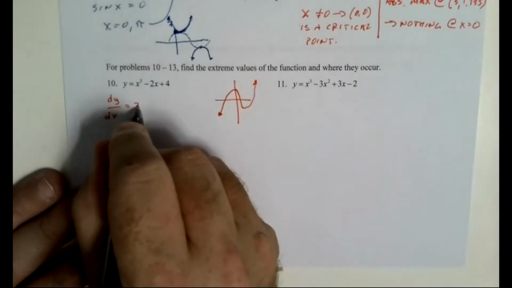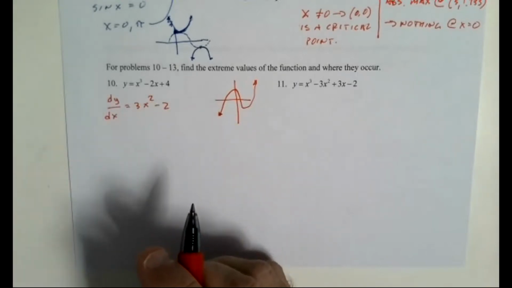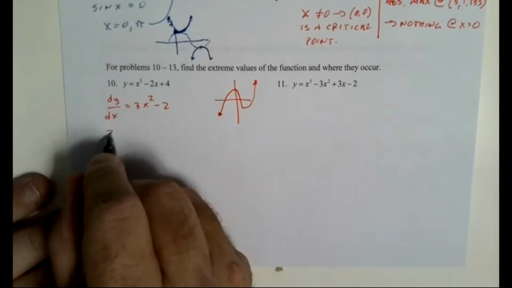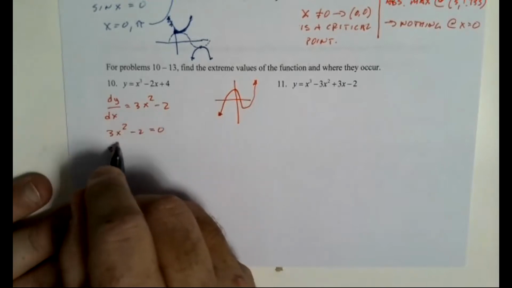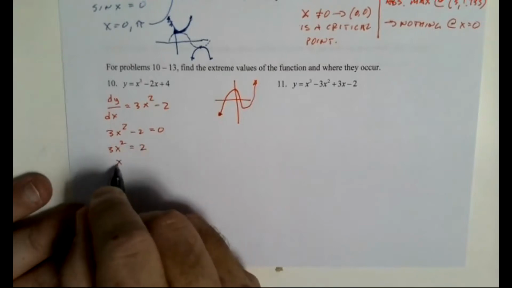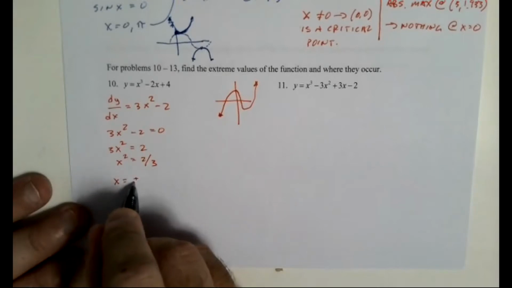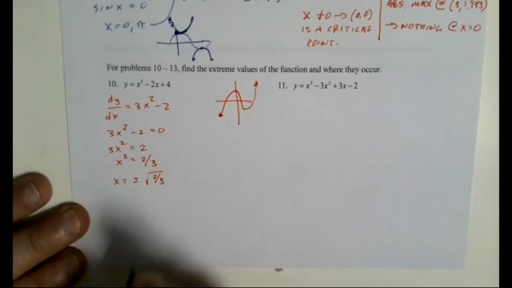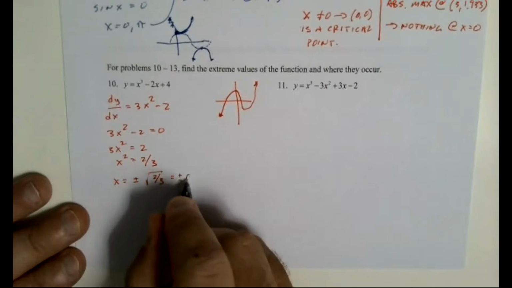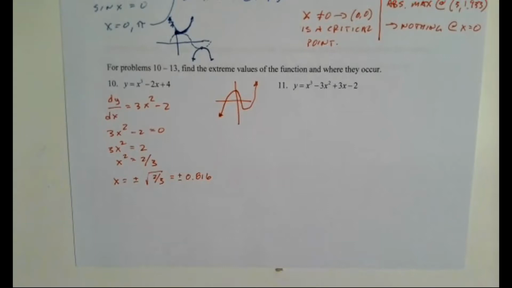Dy dx equals 3x squared minus 2. 3x squared minus 2 equals 0. 3x squared equals 2. X squared equals 2/3. X equals plus or minus square root of 2/3, which is plus or minus 0.816. So what is going on here?